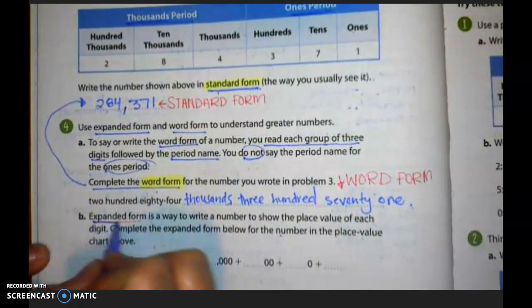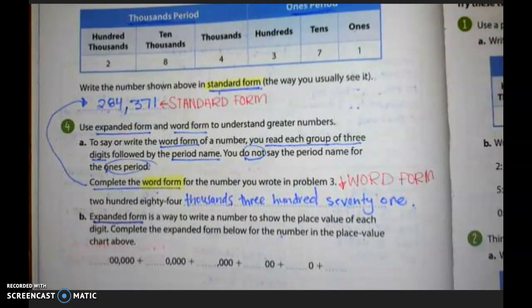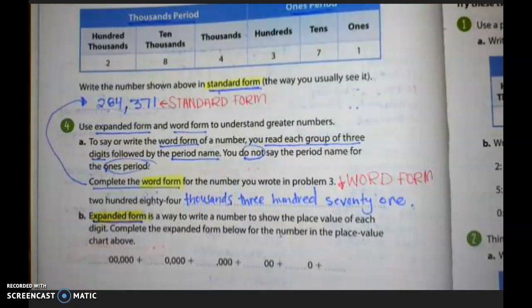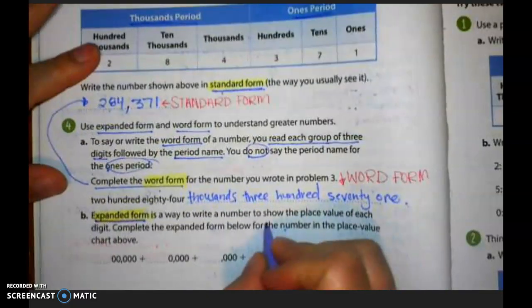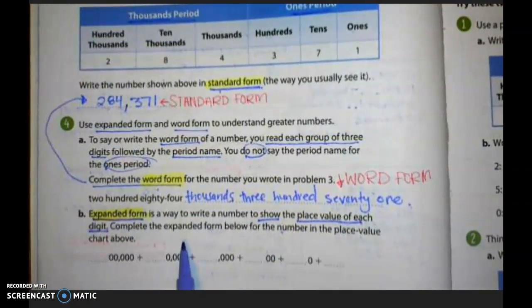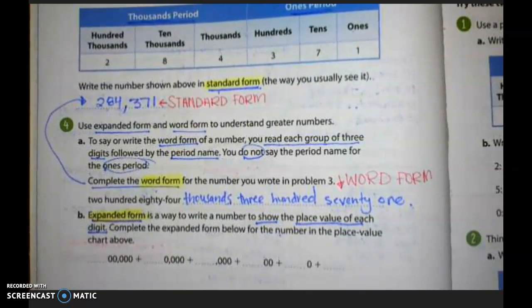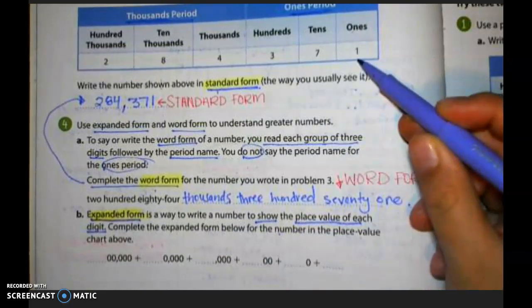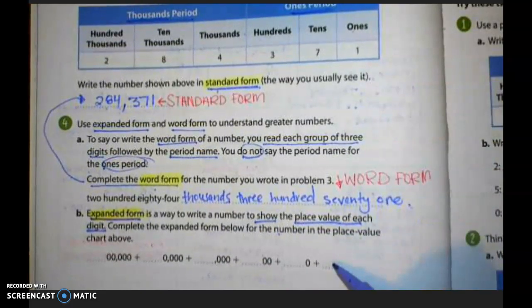Expanded form is a way to write a number to show the place value of each digit. So to show place value of each digit. Complete the expanded form below for the number in the place value chart above. So vamos a empezar así. Ok. Ones, ¿qué va aquí? ¿Cuál número va aquí?